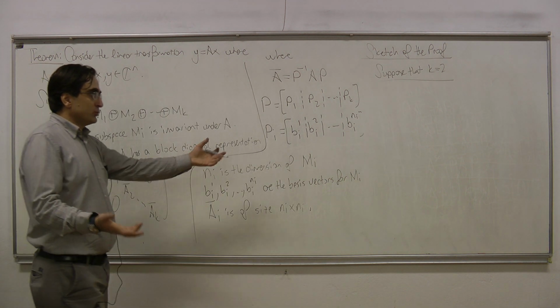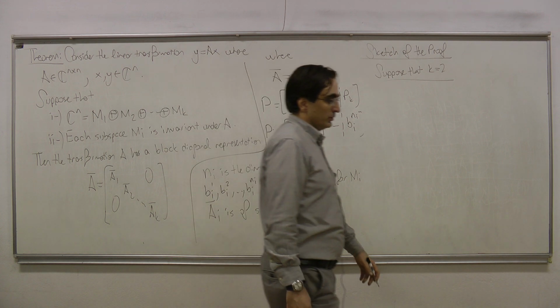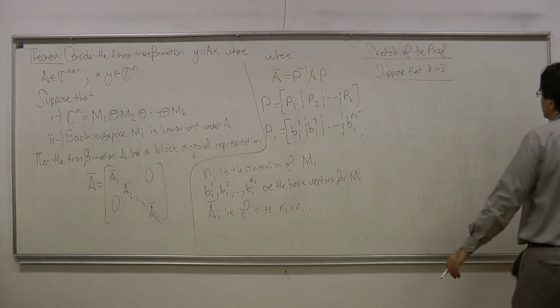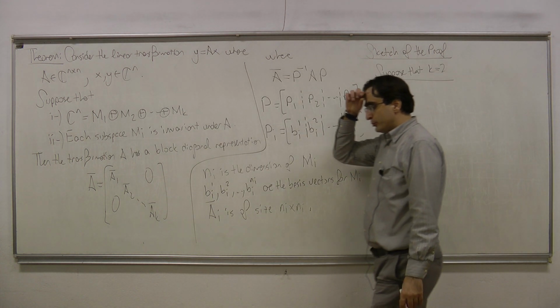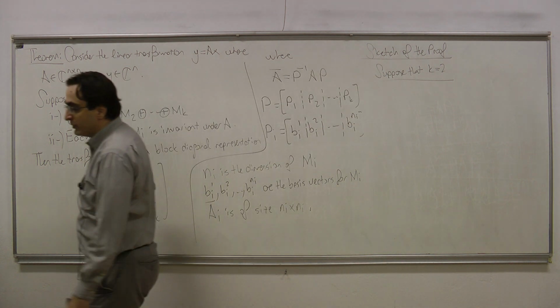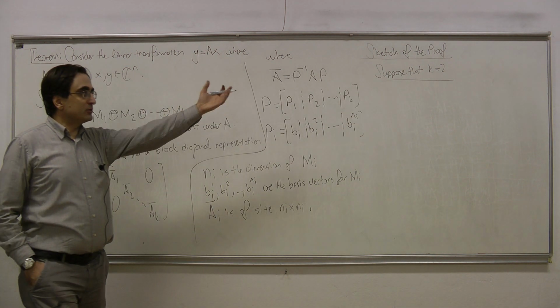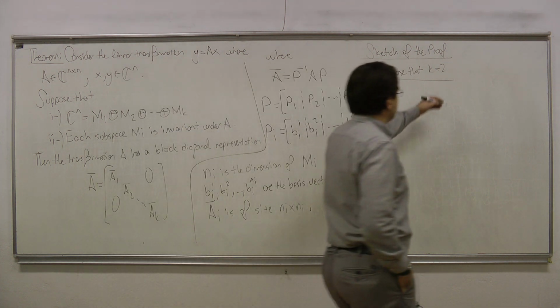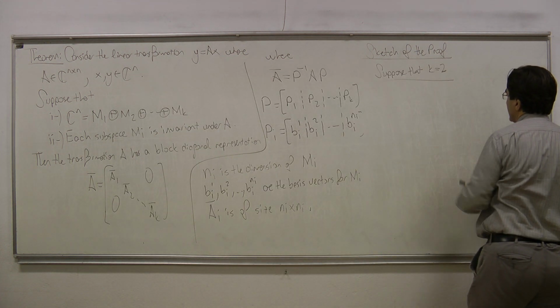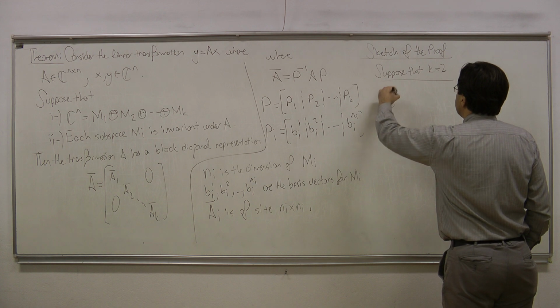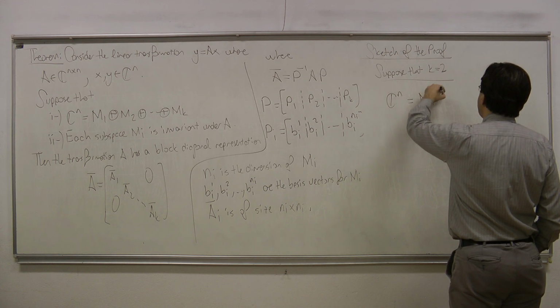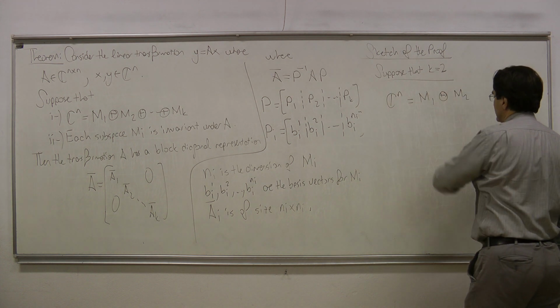In order to generalize this proof and obtain a correct proof, you need to start with an arbitrary k. You cannot start with a specific k here. So here let us say that C^n is equal to M1 plus M2.